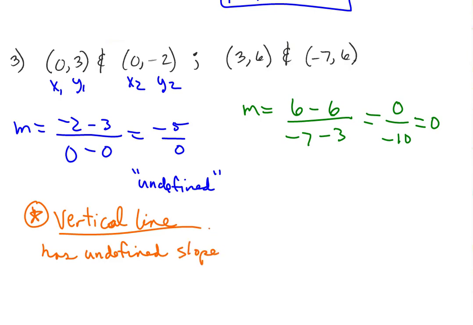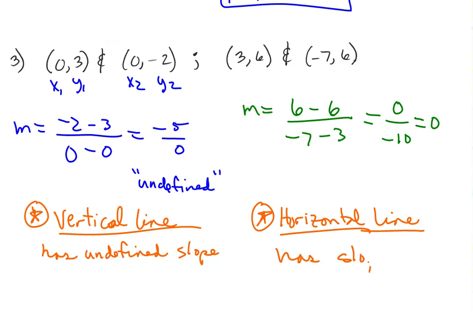Okay, so that means in our example here, the first pair of points is actually on a vertical line. Additionally, we can add another definition, which is this. A horizontal line has slope equal to 0. So these two definitions are always true, which is why it's good to note them.